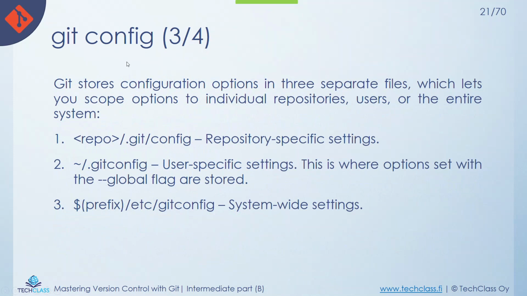So what Git actually stores this configuration in is these three separate files, which you can open and see the content of once you define the configurations. Editing and modifying these files is the same as running those commands.